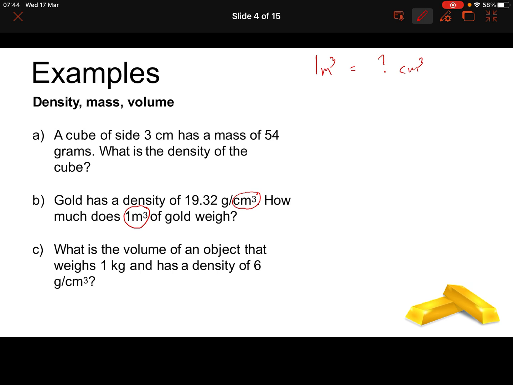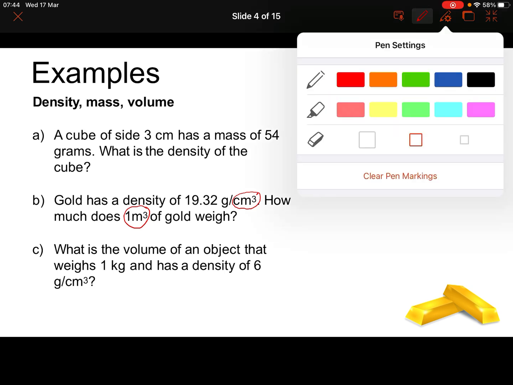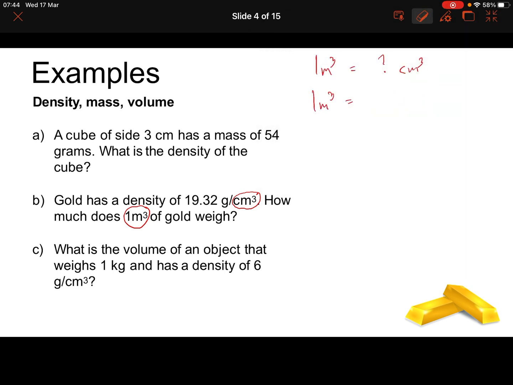I hope you remember that if you say this, 1 metre cubed equals 100 centimetre cubed. No, definitely not. Okay? 1 metre cubed is actually equal to 1 million centimetres cubed. Okay, so what you're really asking is how much does 1 million centimetres cubed of gold weigh?